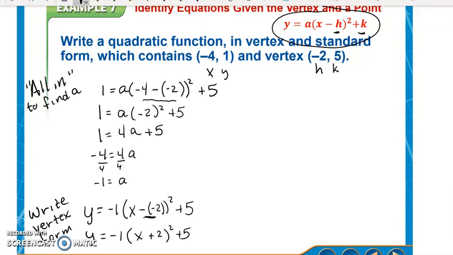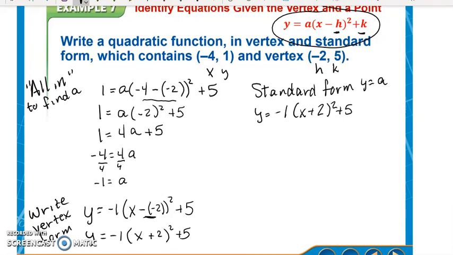So that's the vertex form of this. To find the standard form, you're going to take y equals negative 1 times x plus 2 squared plus 5 and multiply it out, because what we're looking for is y equals ax squared plus bx plus c form.